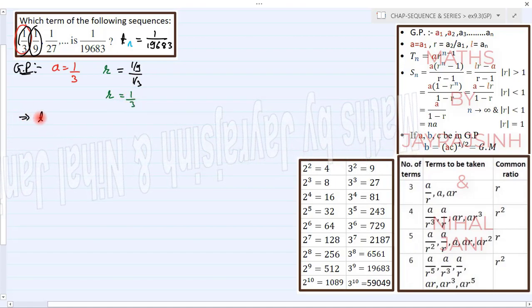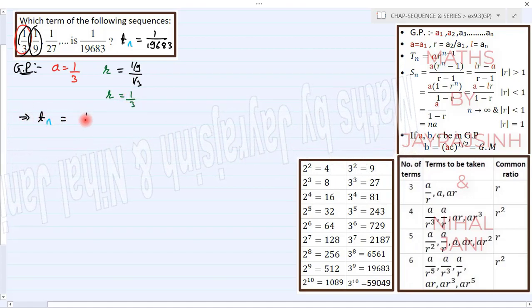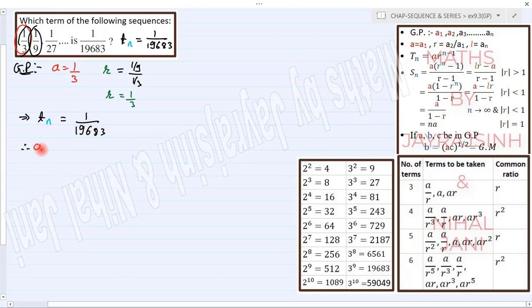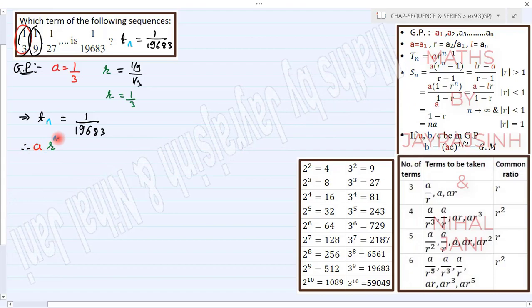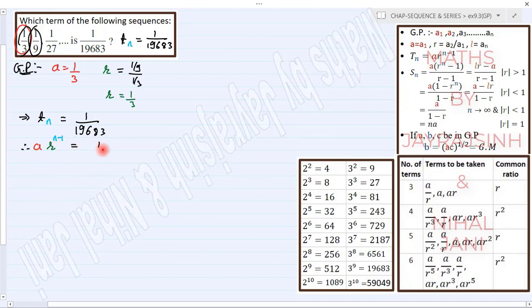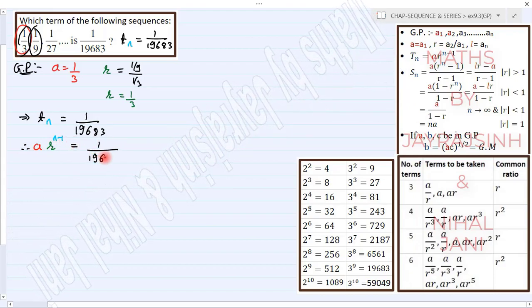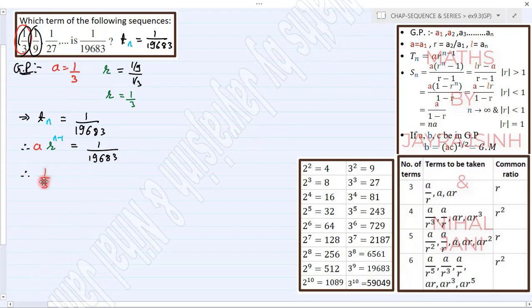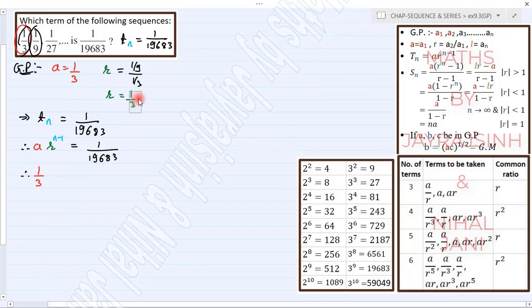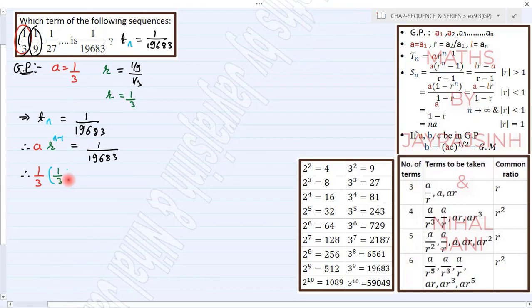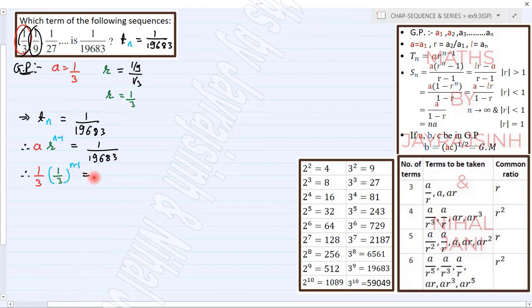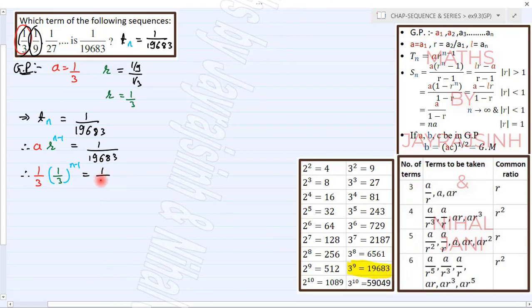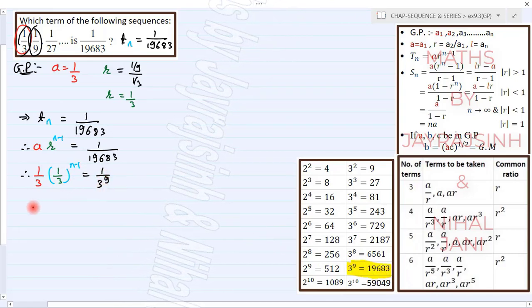Now let's try to find n using the formula of the nth term, which is ar raised to n minus 1, is equal to 1 upon 19683, where a is 1 by 3 and r is also 1 by 3, and 19683 is actually 3 raised to 9.